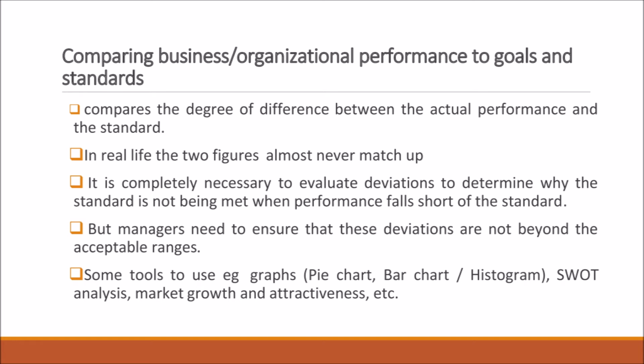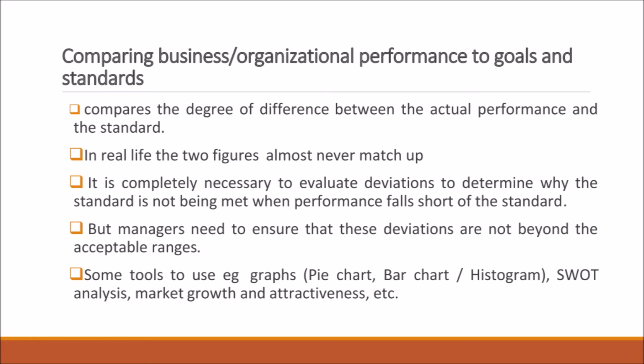Determine why we intend to grow at 10%, we are at 8. You need to identify the deviation, and then also determine why the standard is not being met. Okay, so why is it that we started at 10, we are at 8? You need to find out what those problems are.